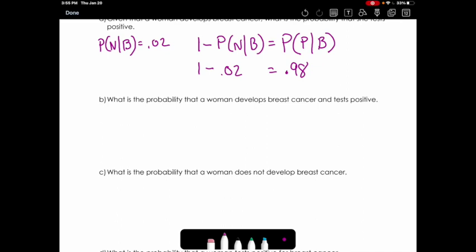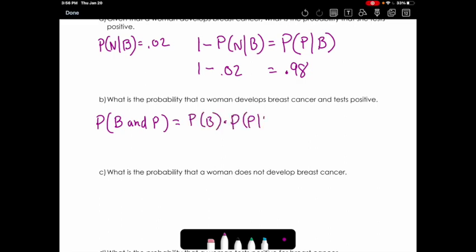Okay, part B, it says, what is the probability that a woman develops breast cancer and tests positive? So we want to find the probability. Now this isn't the conditional probability. This is the probability of these two things happening together out of the general population. So this would be the probability of B and P. And when we have and statements, we want to use the multiplication rule.